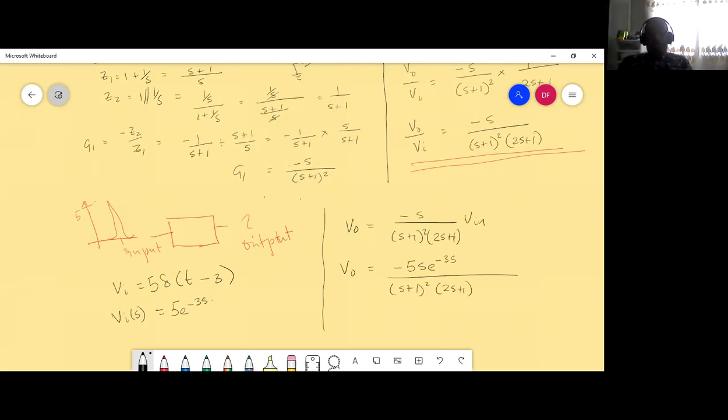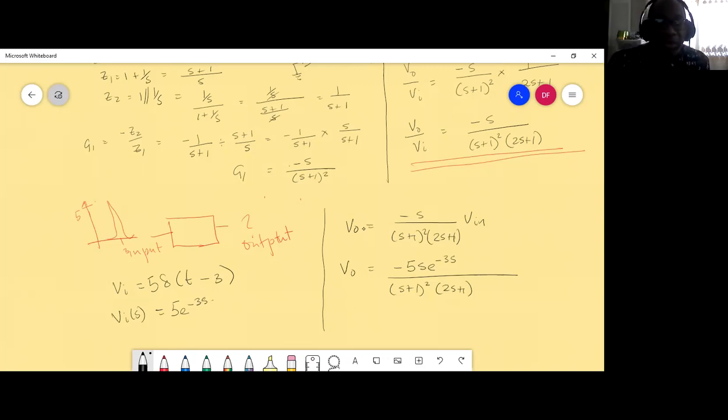Now we have to convert that to the time domain, because the S domain and the algebra are fine, but then we have to convert it to the time domain. So we have to do a little bit of maths.